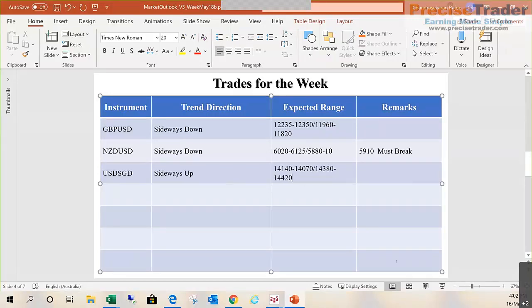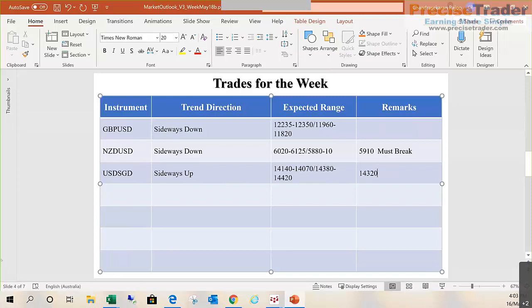So we are looking at another at least about 120 to 150 pips. And again, one condition is 143.20 must break.